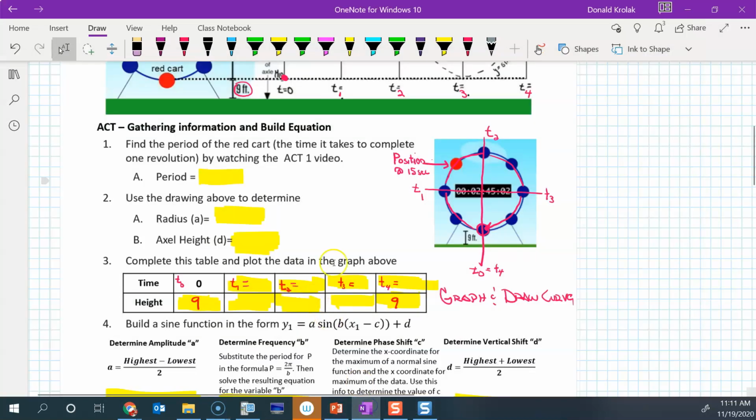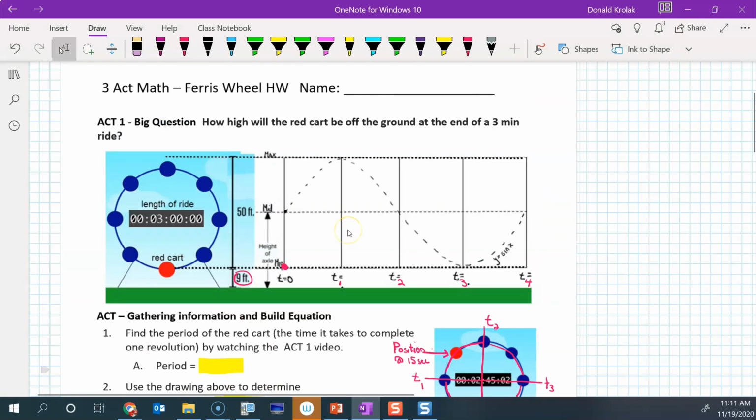Hey, folks, that 50 right here, if you look up here, guys, 50 is not the midline. This 50 just tells you that this height is 50. I could see how you might think 50 is the midline because it's right next to it. That was just a product of the drawing. The wheel is 50 feet in diameter.